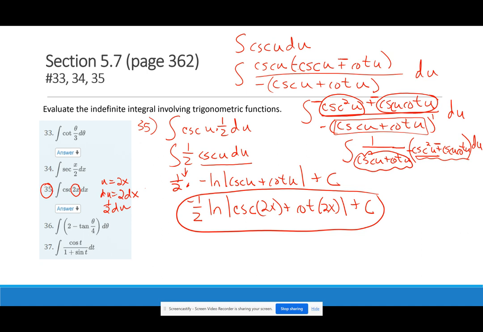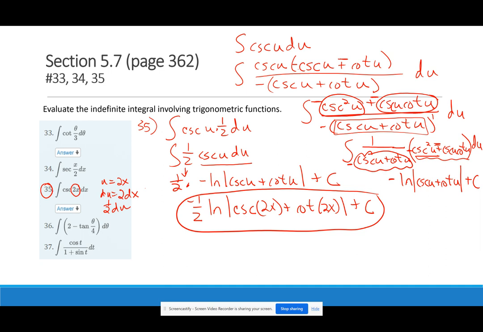So then the rule would wind up being a negative because the constant can just be brought down, and then natural log of the cosecant u plus cotangent u, and then plus c. And that's where the rule comes from. So I've already showed you the rule. You either memorize it or you know how to derive it.